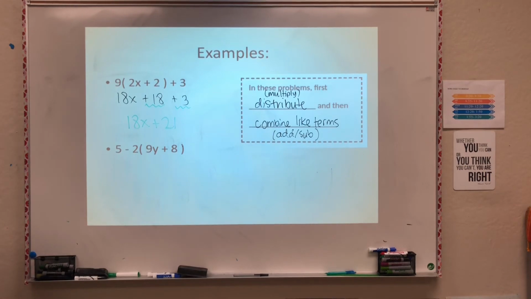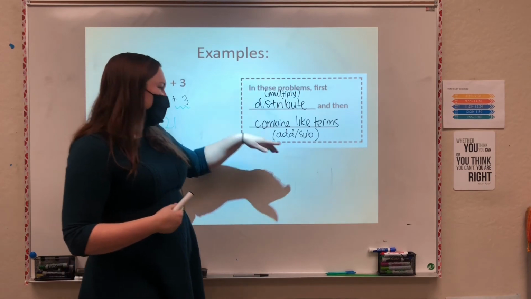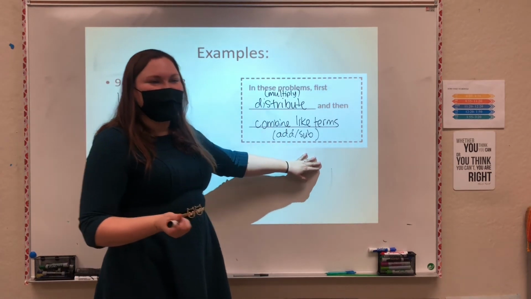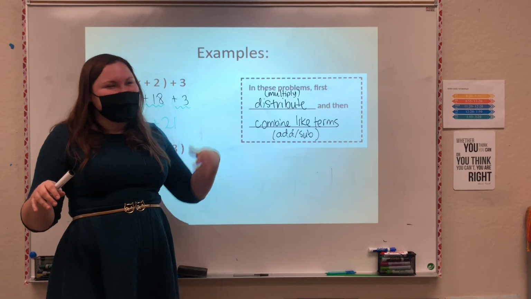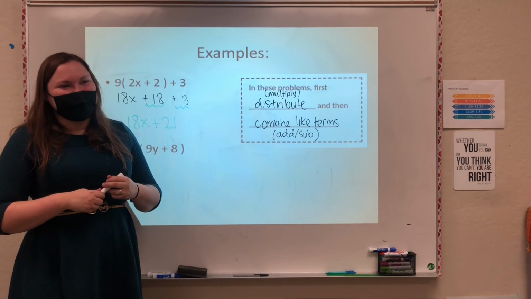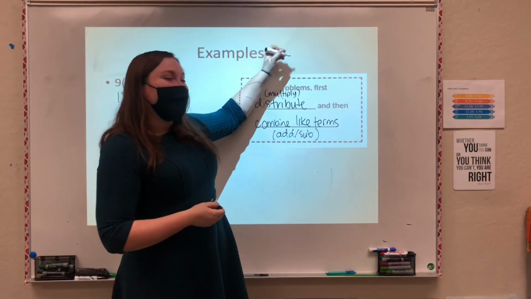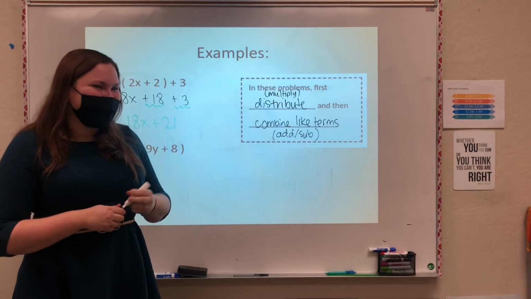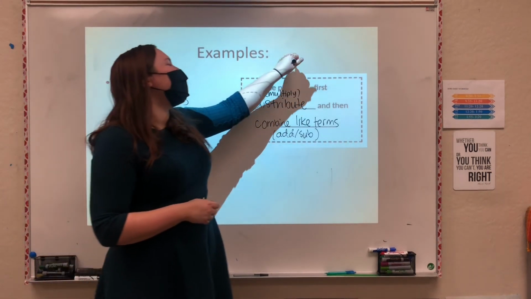So notice the steps we did. We multiplied first, and then we added and subtracted. Where have you heard that before? This idea of multiplying first, then adding and subtracting. What lesson did we learn? PEMDAS. Yeah, there you go.